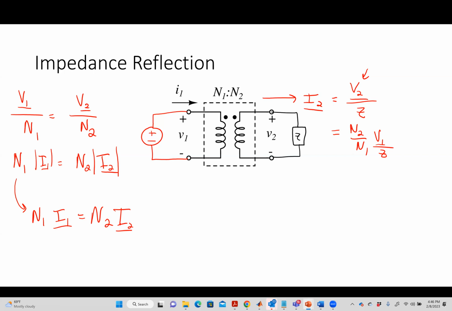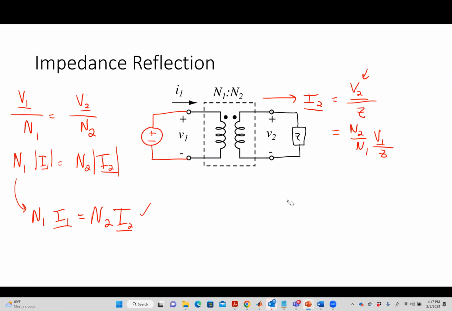What's that going to be? How would I figure that out? I can use this relationship, right? This was I2. So I could say I1 is equal to, let's do it this way.